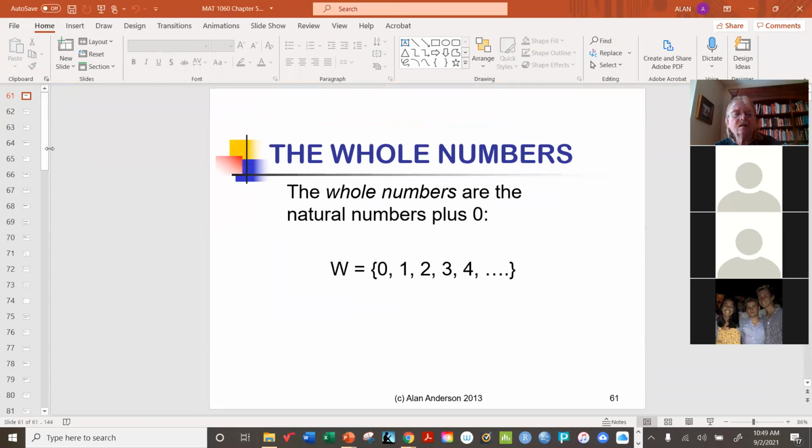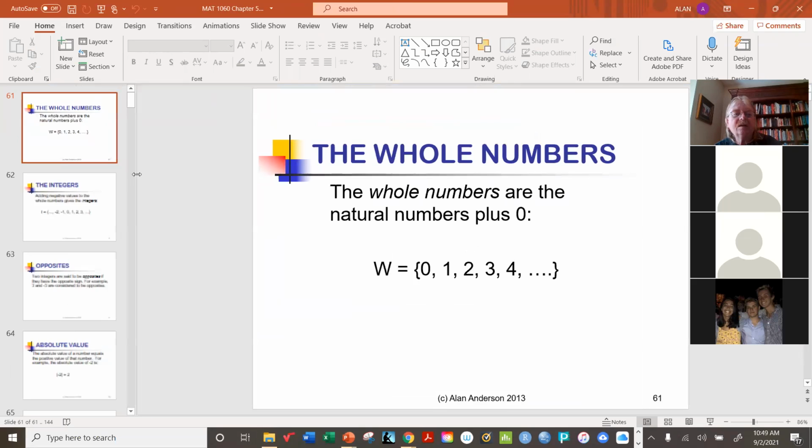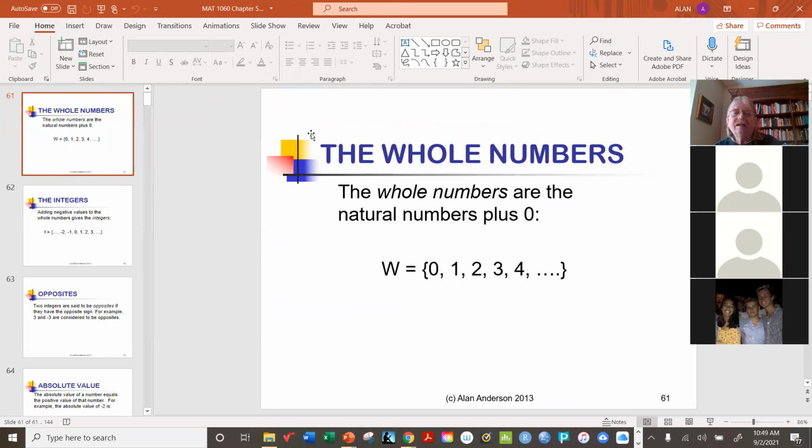It was a long struggle because, intuitively, if your only interest is counting up how many chickens you have in your farm, why would you ever need a 0? So it was quite a long time before anybody realized how important this was. By adding 0 to the natural numbers, we now have a new set, which is called the whole numbers.